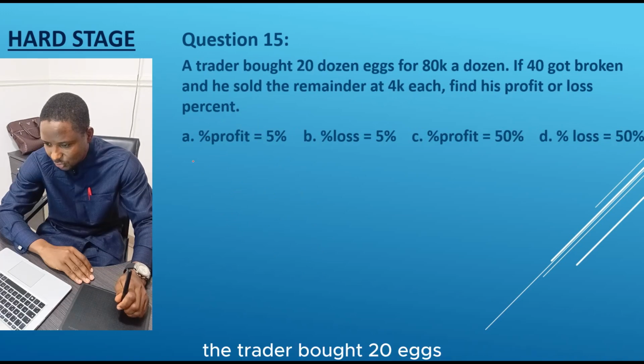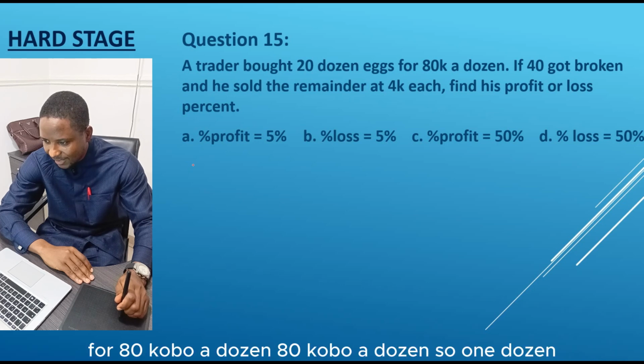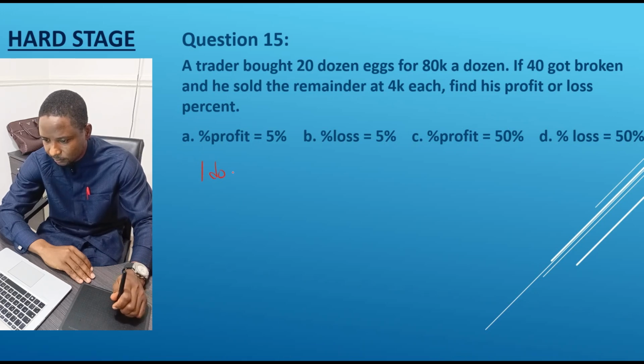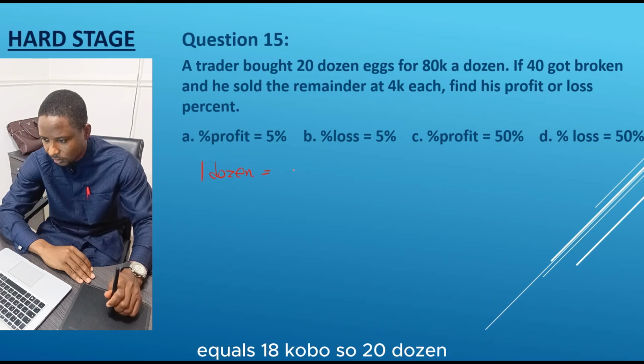A trader bought 20 dozen eggs for 80 kobo a dozen. So 1 dozen equals 80 kobo.